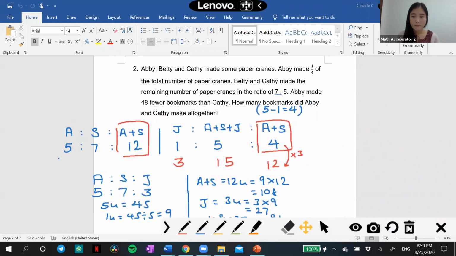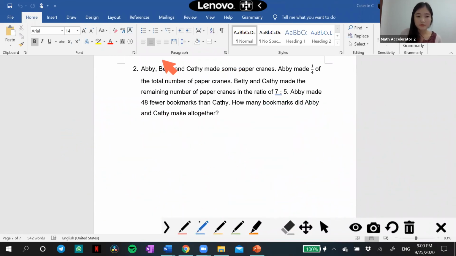One quarter. Betty and Katie made the remaining number of paper cranes in the ratio of 7:5. Remaining. Abby made 48 fewer bookmarks than Katie. How many bookmarks did Abby and Katie make all together?